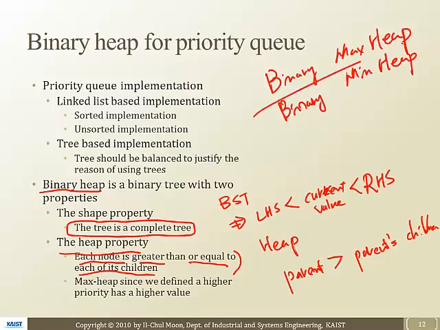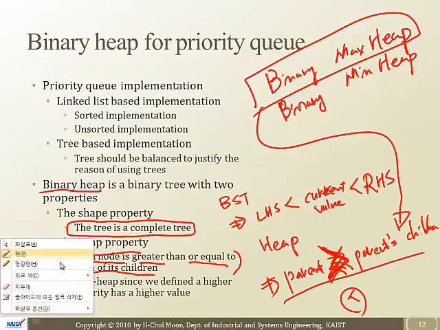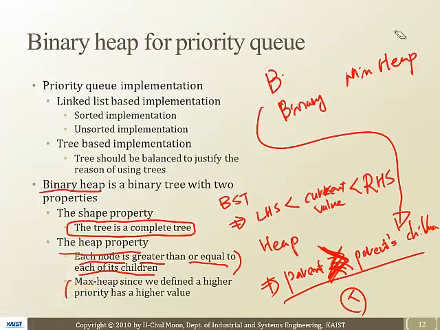In this context, we are only going to focus on the binary max heap because this is the heap property of the binary max heap, and the binary min heap property is actually the opposite, right? So this is binary max heap, and this is binary min heap, right? So it's so trivial, so we are only going to focus on the binary max heap.